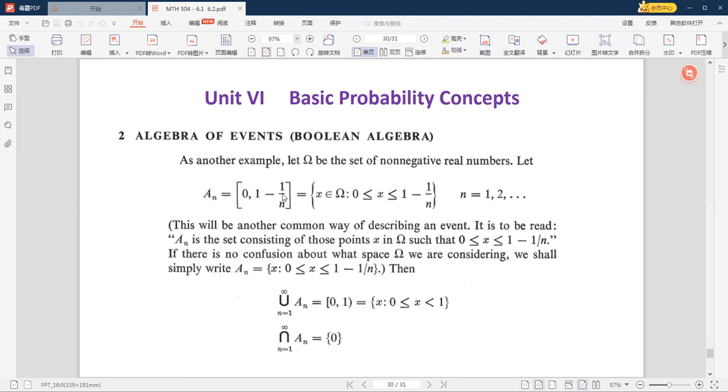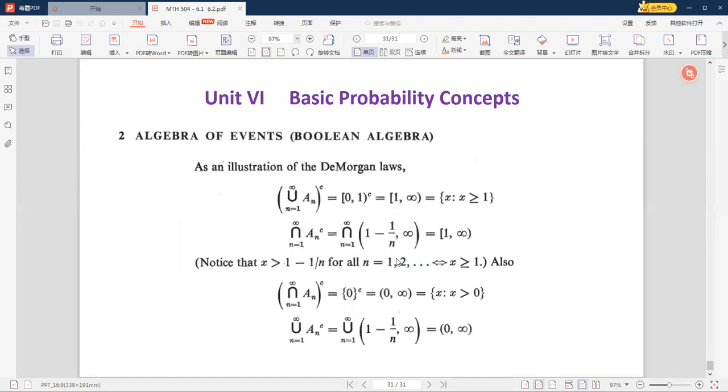If you take the complement, it's the open interval from 1 minus 1 over n to infinity. Okay, if you take the intersection of it, what should you get?